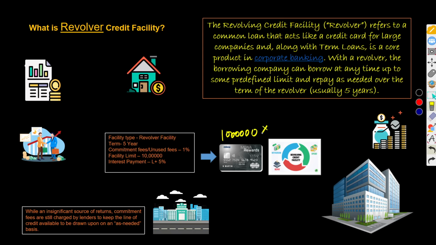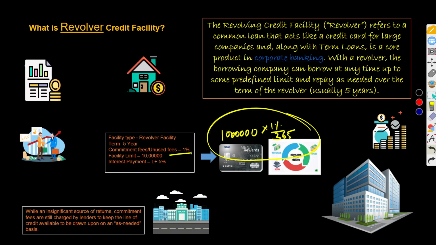Still, 1% will be charged for 365 days. So it means calculate for one day and then multiply with the days. Let's say 5 days, 2 days, 20 days, 160 days, 180 days, depending on how many days it was. But yeah, 1% is charged on this amount even if you haven't used a single penny.